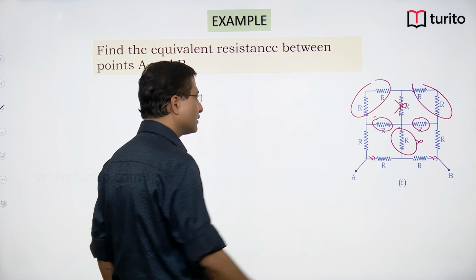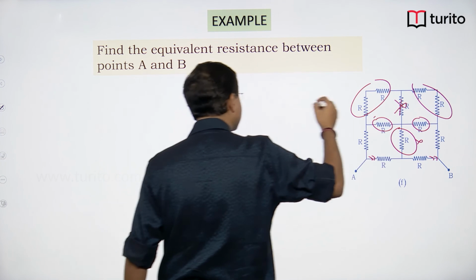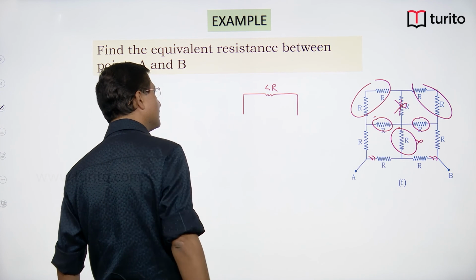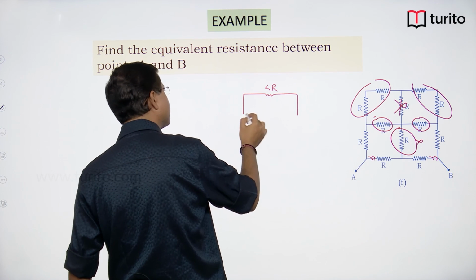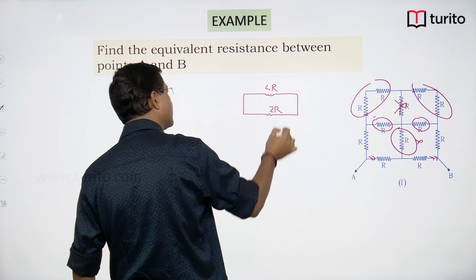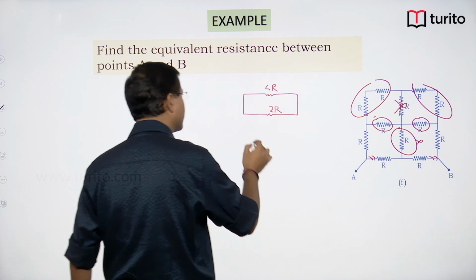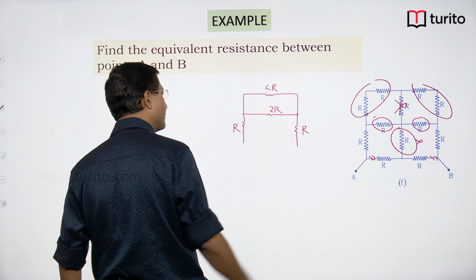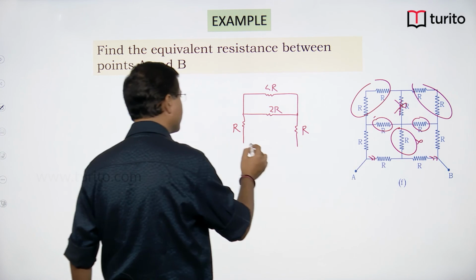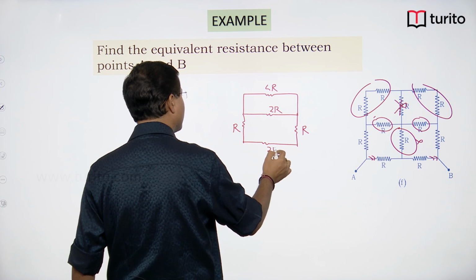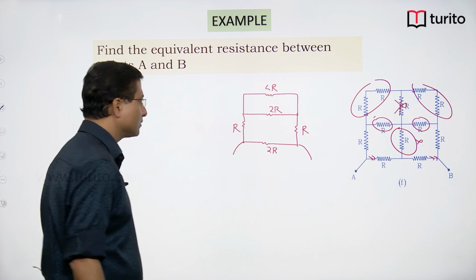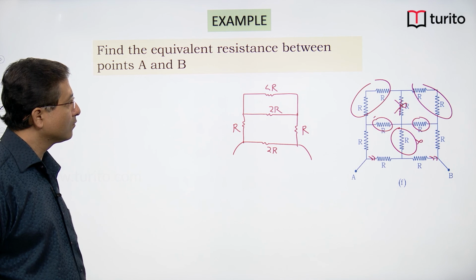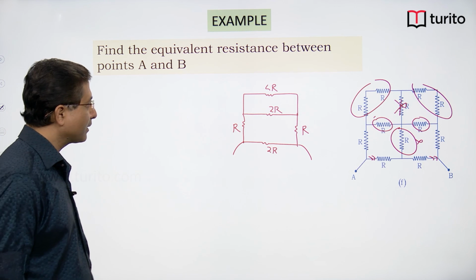If I remove this one, then I can see 4 resistors connected in series, 4R. Then here I can see 2 resistors connected in series, 2R. This is R, this is R. This one is 2R. Now 4R and 2R are connected in parallel.